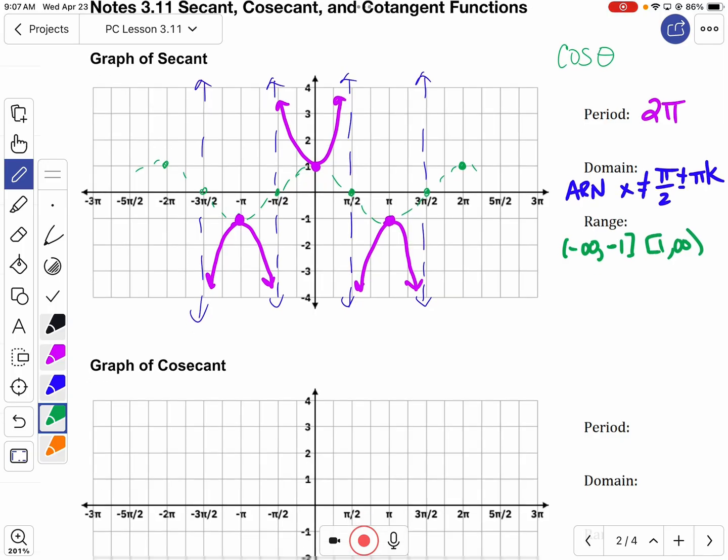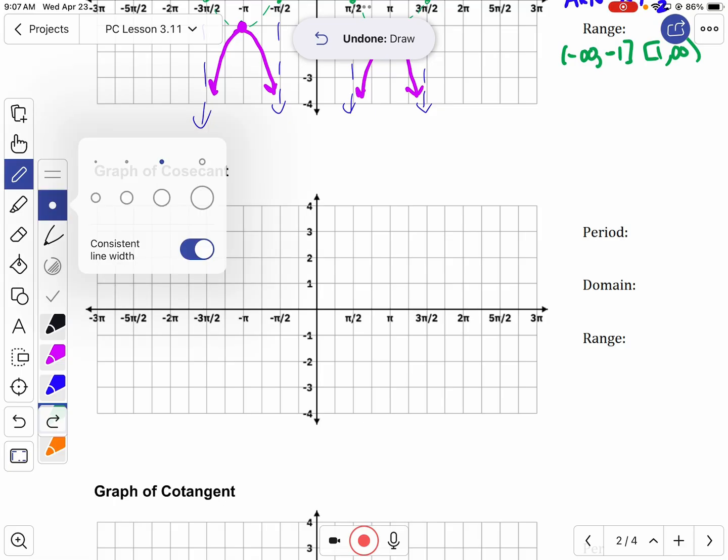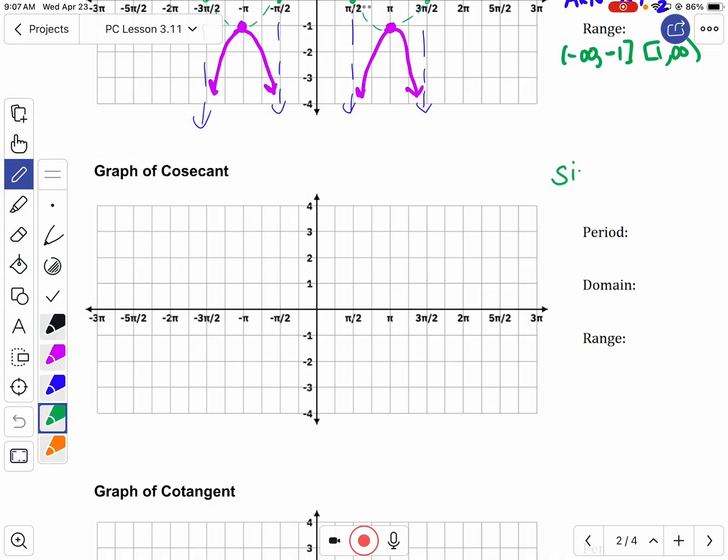So let's look at cosecant. Who would be our ghost function for cosecant? Sine. All right, so let's start by graphing a sine. What does sine typically look like? It's our roller coaster. So we're going to start at 0, pi over 2.